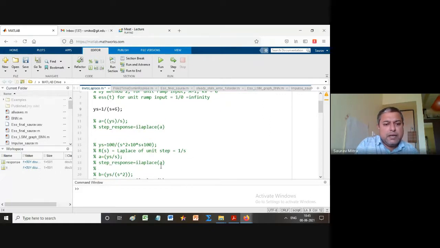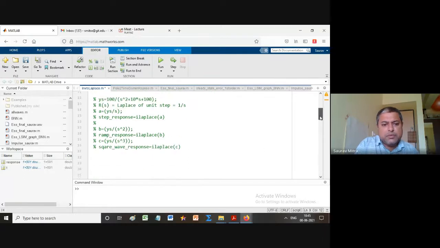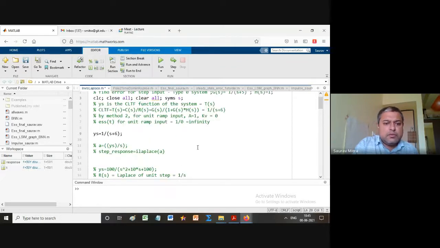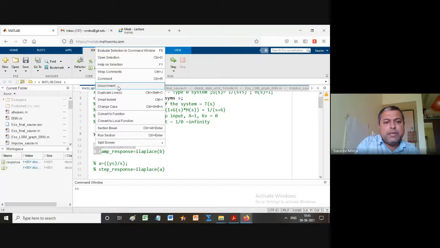The step response is done, and then we are supposed to do the ramp response. I think this ramp response part I will take up. Ramp response is nothing but whatever Y(s) is there, you have to do Y(s) by s square, that's all. Previously for step response we did Y(s) by s.